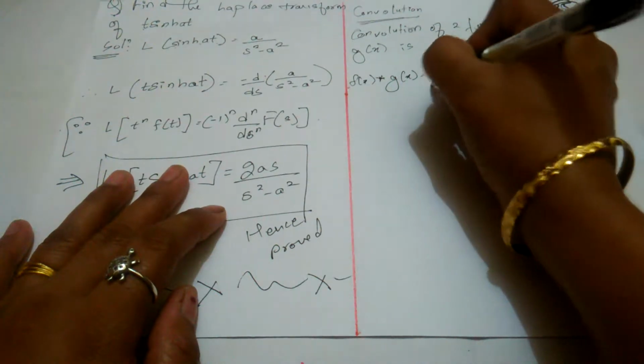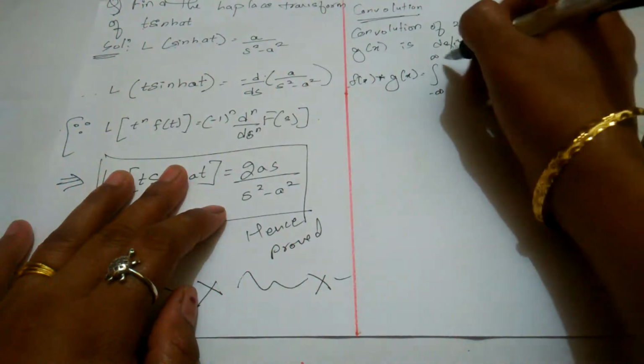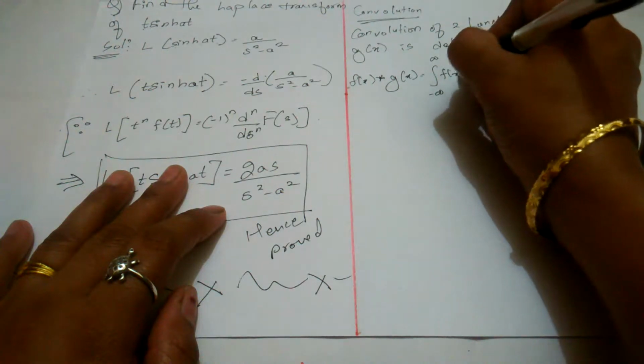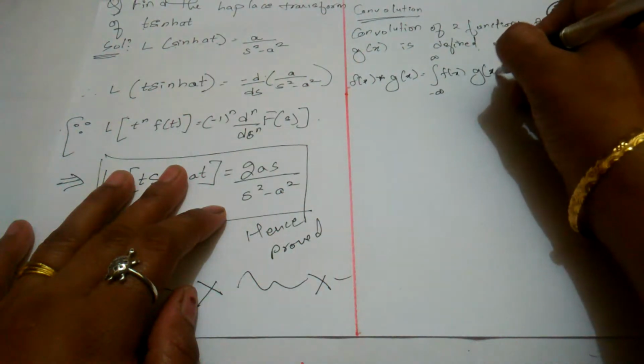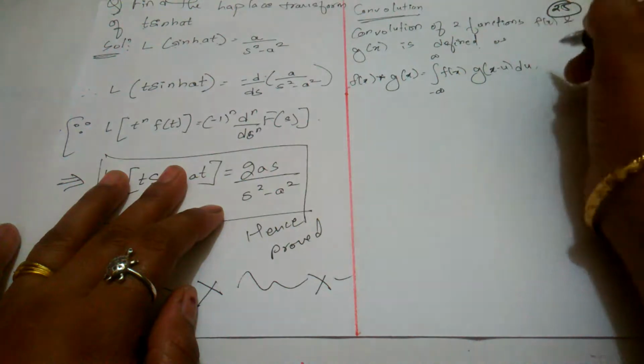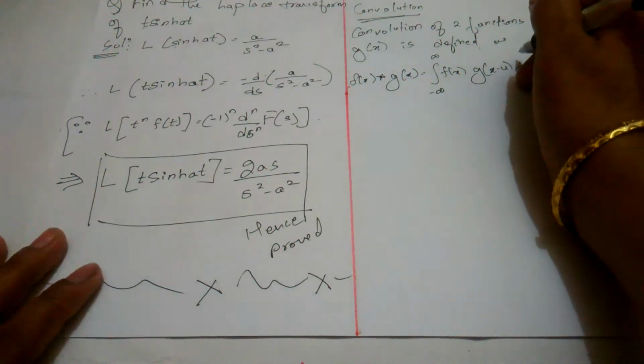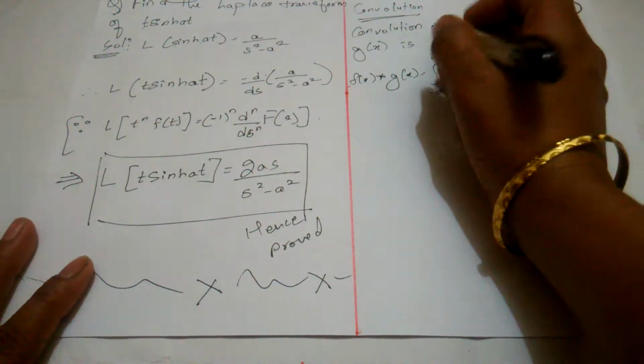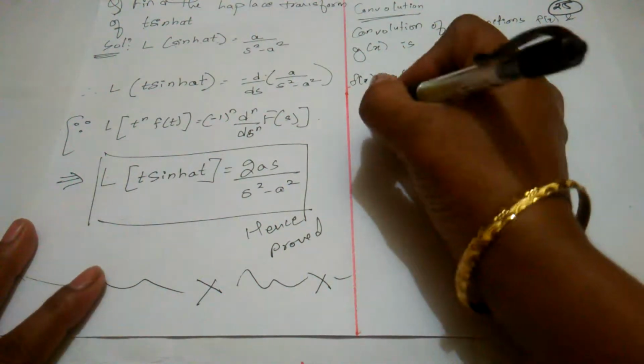It is given as integral minus infinity to infinity f of u g of x minus u du. Okay, so this is the definition for the convolution.